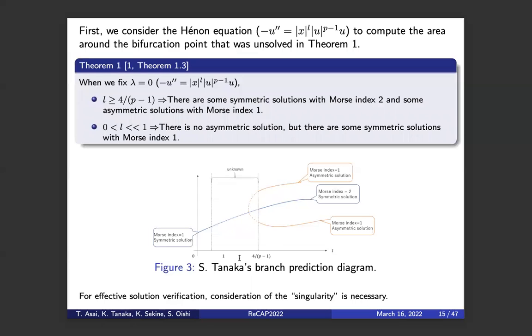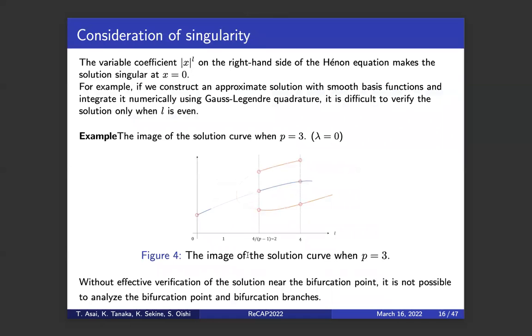For effective solution verification, consideration of the singularity is necessary. Because the variable coefficient absolute x to the power of L on the right hand side of the Hénon equation makes the solution singular at the center of the domain.